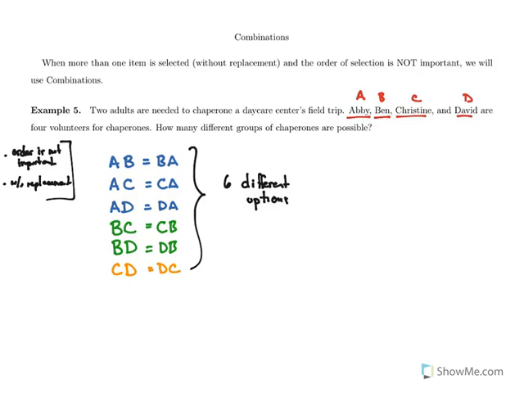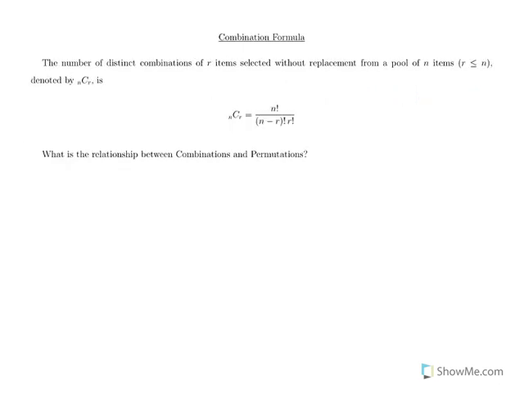All right, so now let's think about the formula we have for combinations. The number of distinct combinations of R items selected without replacement from a pool of N items. This is the exact same thing we said before, except here we have without replacement as far as permutations go. We have NCR. Note that sometimes this is read as N choose R, and sometimes it is written in this notation.